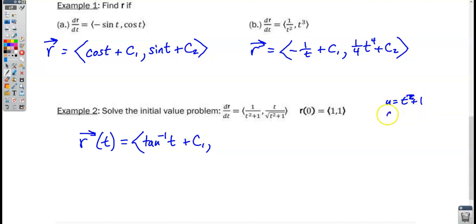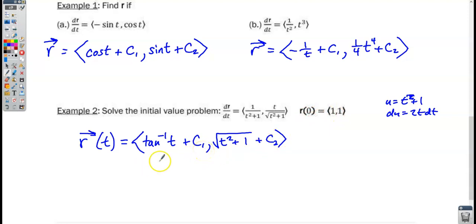But hopefully you've started to recognize by now that the antiderivative of that is just the square root of t squared plus 1. Hopefully you've seen that enough by now in your life. And now we've got our second constant for the y component. And now we're going to use this initial condition vector in order to solve for c sub 1 and c sub 2.